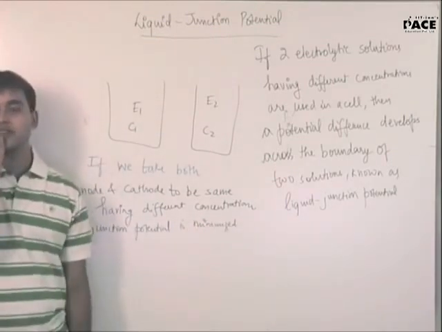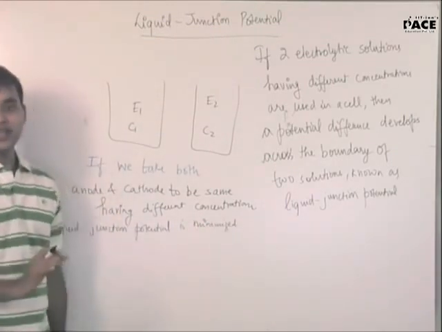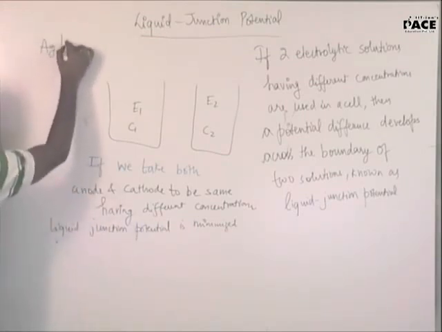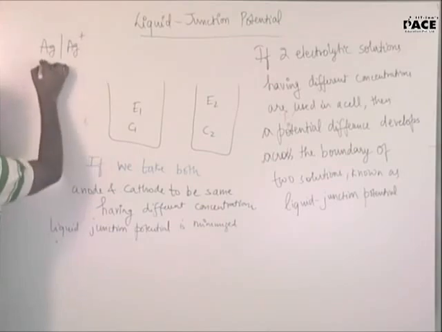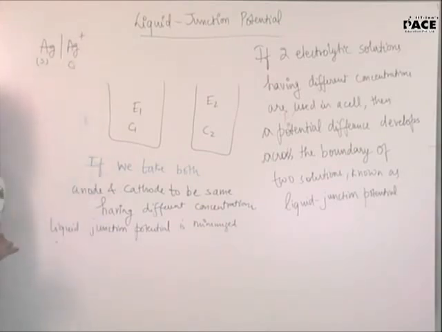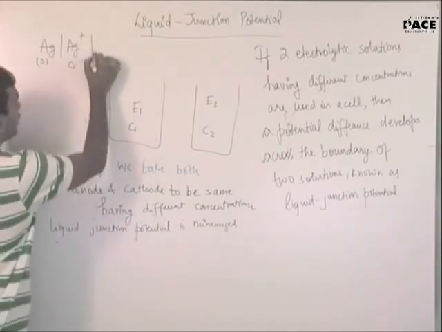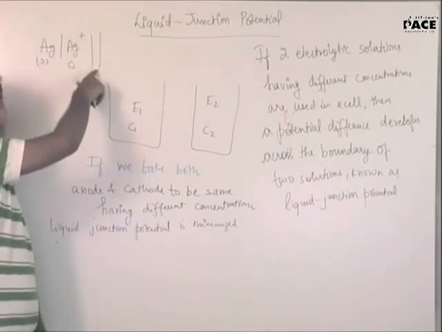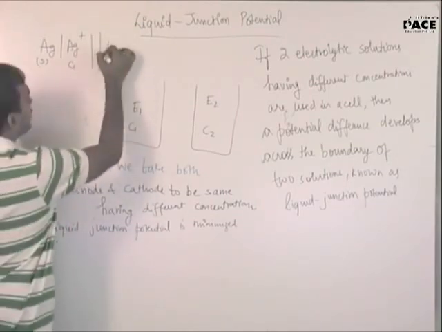See, listen to the concept first. What I am saying is, suppose I take this reaction, Ag plus, this is solid, concentration C1. I draw, what is this? Salt bridge.